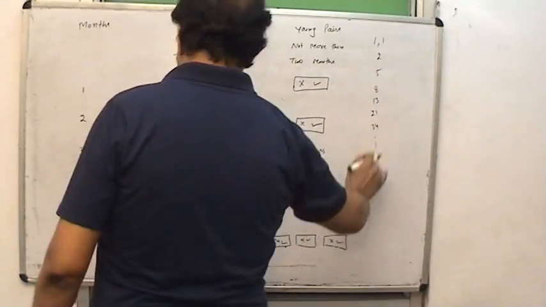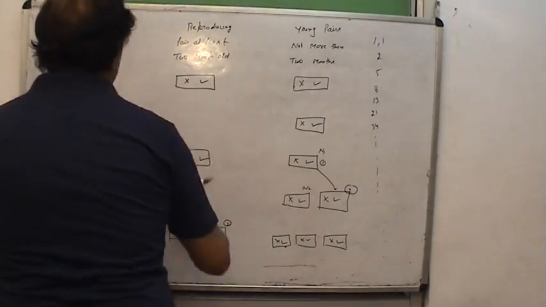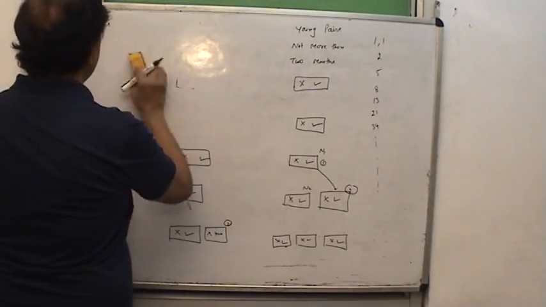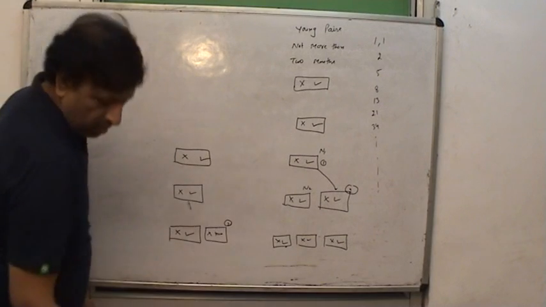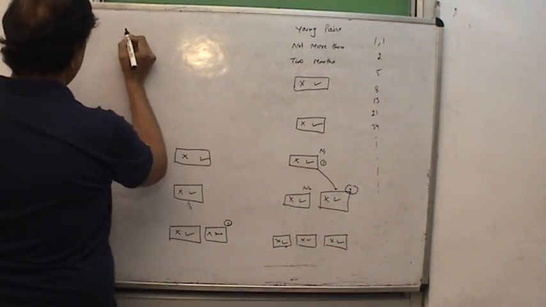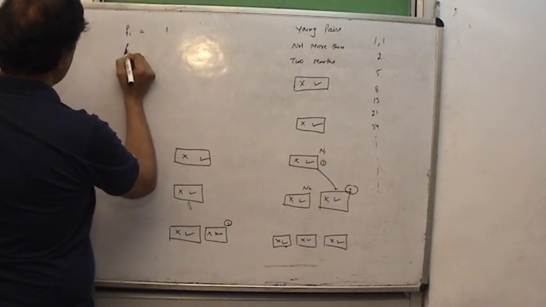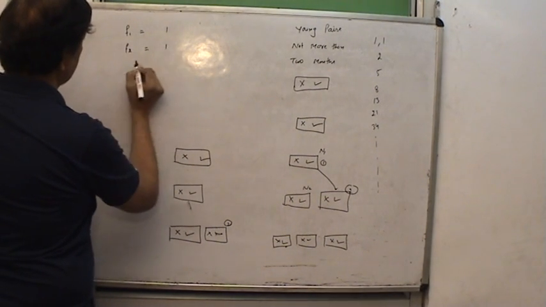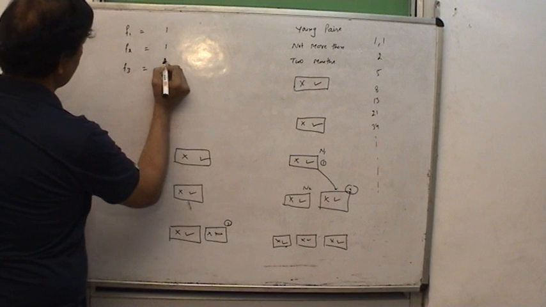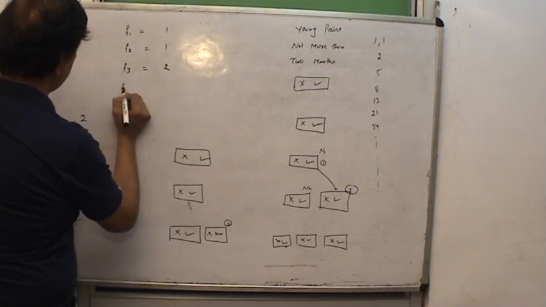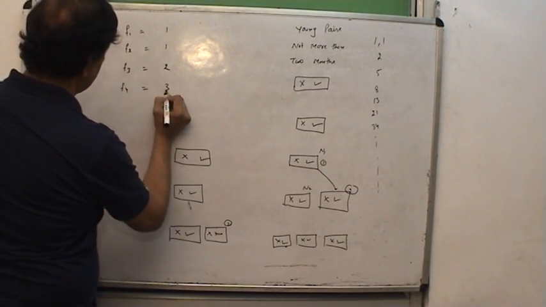If we summarize all these numbers, we say f of 1, the first number, is 1. Second number is also 1. Third number 1 plus 1, 2. Fourth number 2 plus 1, 3.